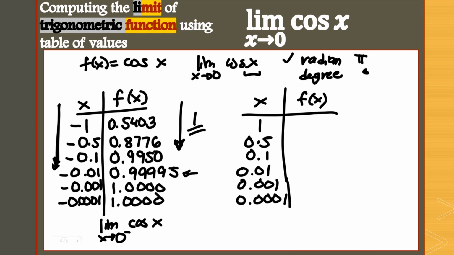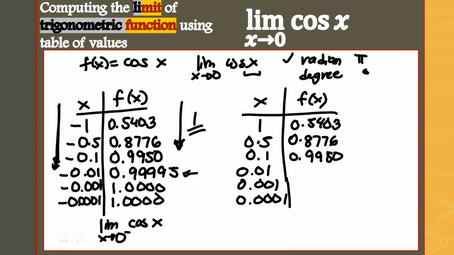So you will have 0.5403. If you're thinking of the graph of cosine, you can imagine it, so they actually have the same value. For 0.5, yes, you will have 0.8776. To verify this, again, you may use your calculators. For our next value, 0.1, it's actually, again, 0.9950.